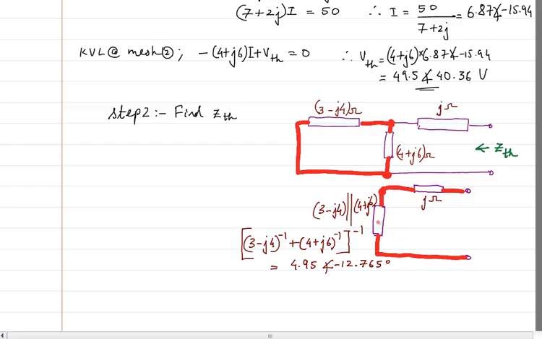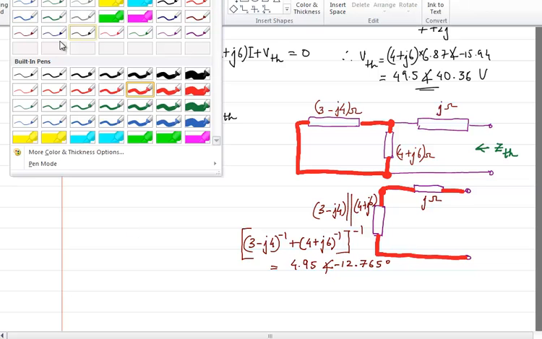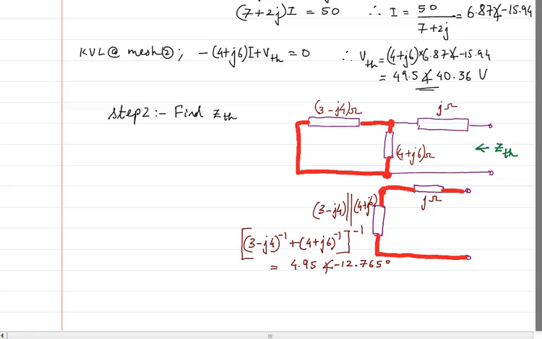So all you have to do is add J ohms, and then we will get the answer as 4.83. So let me write it. Therefore ZTH is going to be 4.95 angle of minus 12.765 degrees plus J ohms.